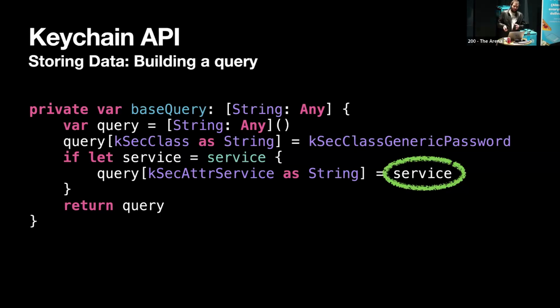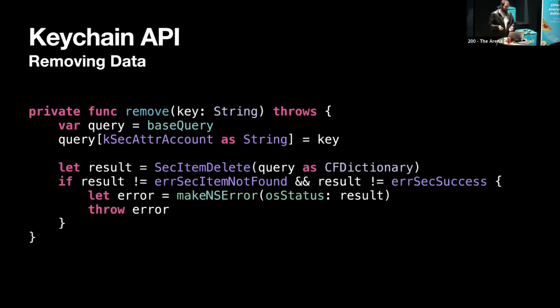We'll augment it in some way and change it so that we won't have to retype all of that all the time. The easiest one is to remove the data. That's the easiest way to work with the keychain, the easiest method you can implement. We start with that. So we have that base query, and we modify it by setting the key.